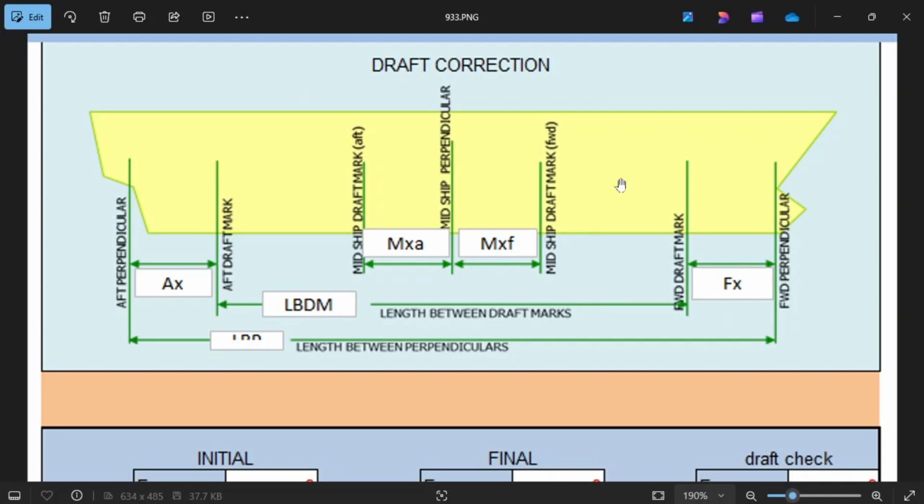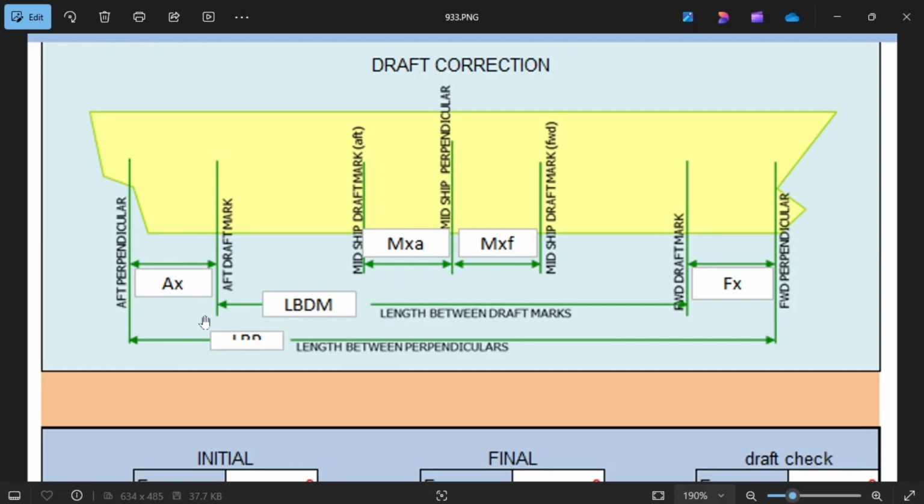to explain this figure, so you have your forward perpendicular, then you have your up perpendicular. If you notice in the vessel, there's a number here which is your draft. Okay, this is your forward draft, and this will also be your up draft.